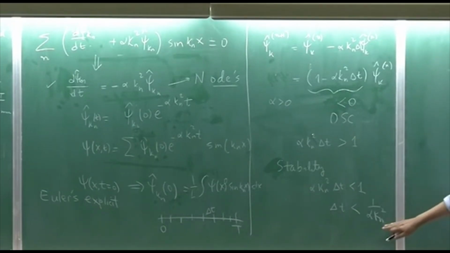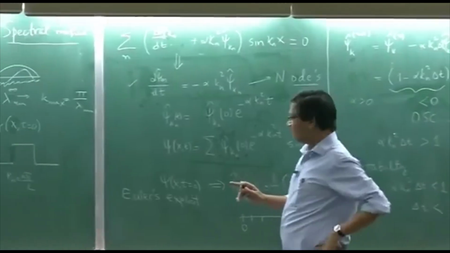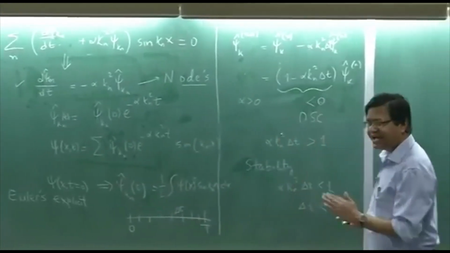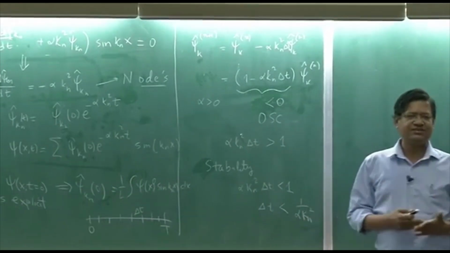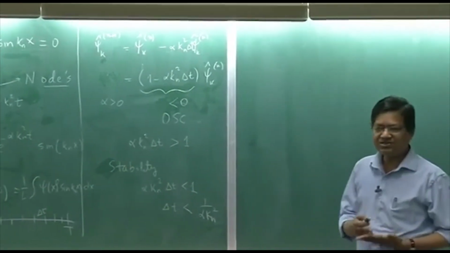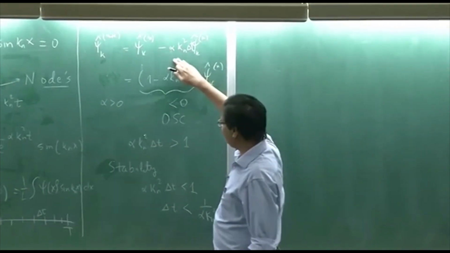Now what is Kn? Look, for every Kn I have a delta t. So what is the worst delta t? The lowest delta t, right, since every equation has a delta t correspondingly.